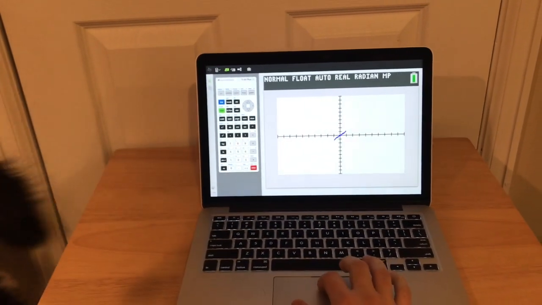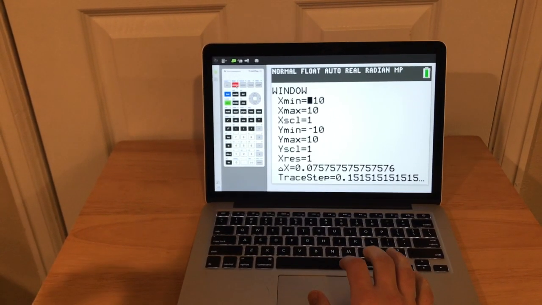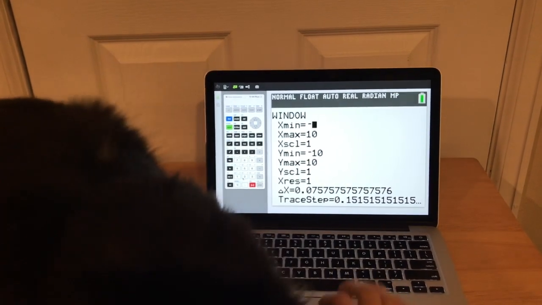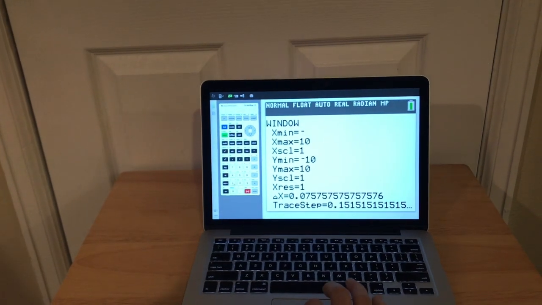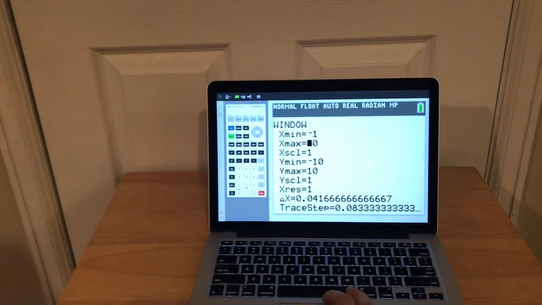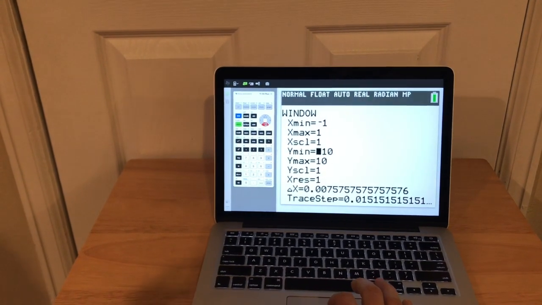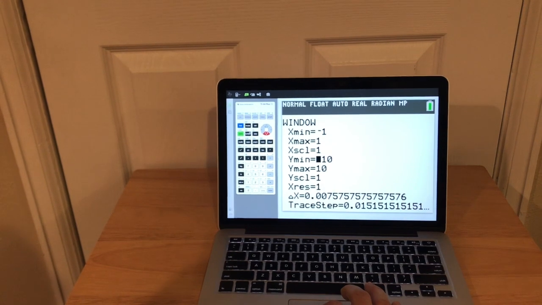Okay, so let's change our window now. So remember that our domain are x values from negative 1 to positive 1. So let's change that now. So we have an x minimum of negative 1 and an x maximum of positive 1. And our y values, that corresponds to our range, and our range goes from negative pi over 2 to pi over 2.